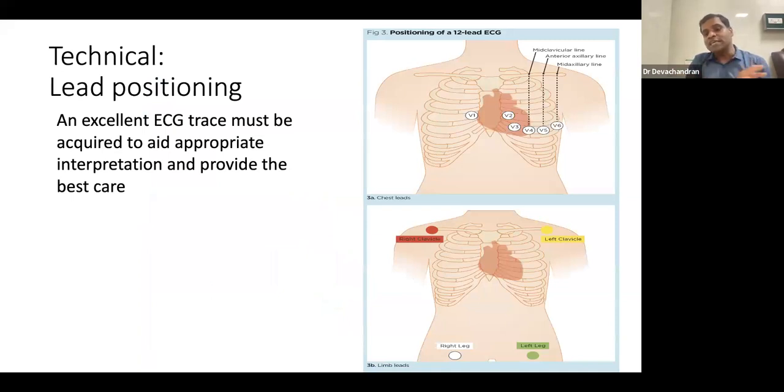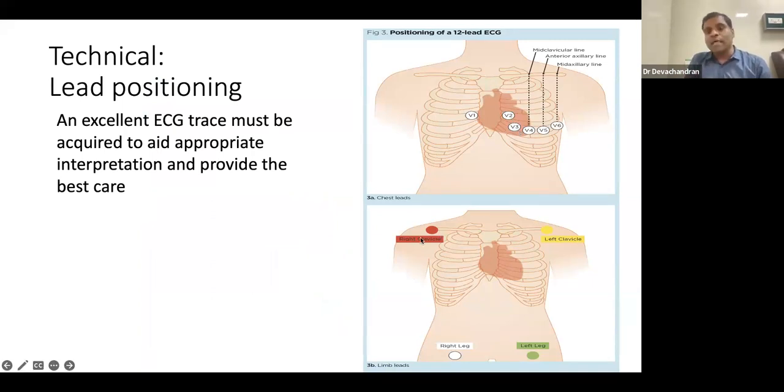Moving on to the technical aspect, things that we notice on a day-to-day basis, things that you all need to be aware of when you record ECGs. So lead positioning: if you have had formal training, you would do it accurately and appropriately. It is important to remember that proper lead positioning will only get you a proper ECG.